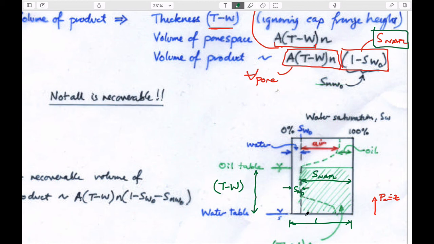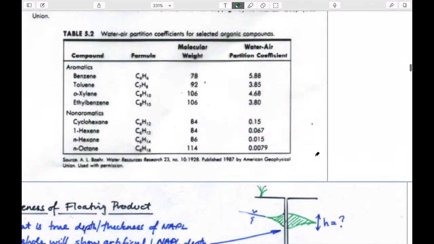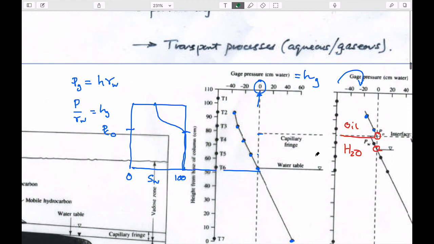And so this is slightly idealized because we know that as we go up to the ground surface, then the proportions of these different components, the saturating oil and the air and the water, will be present in these percentages as we go up, just as they were when we looked at these figures here.